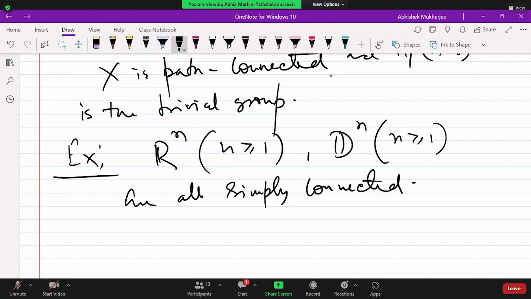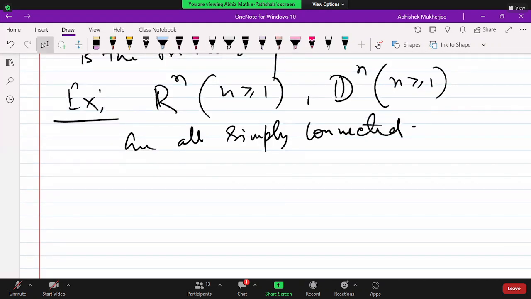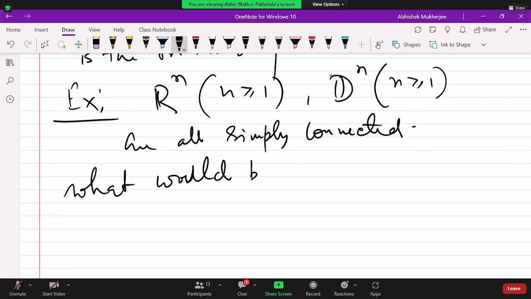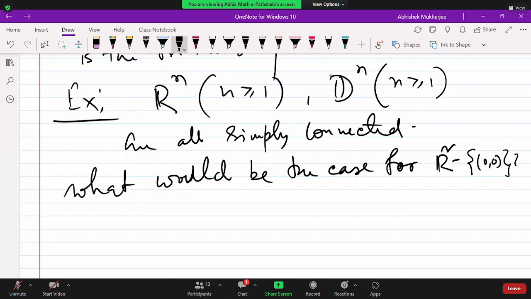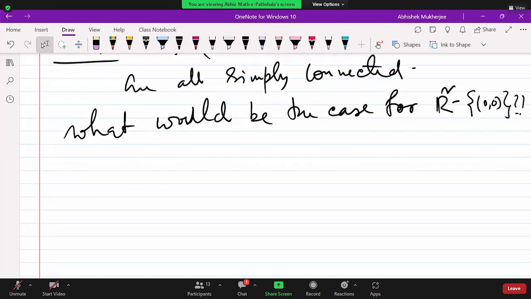Okay, but we have seen some space. What is that? What would be the case for the punctured plane? Is it simply connected or not?